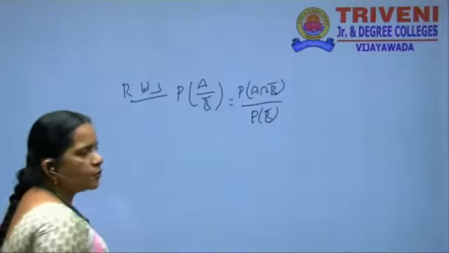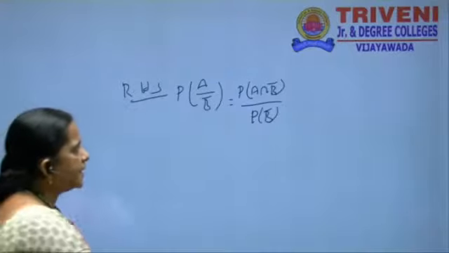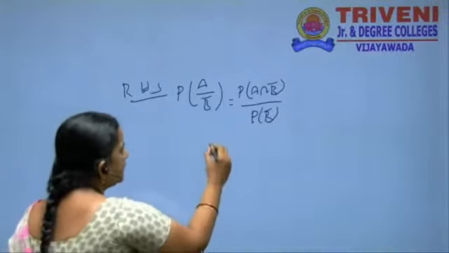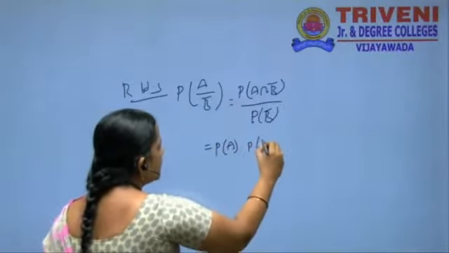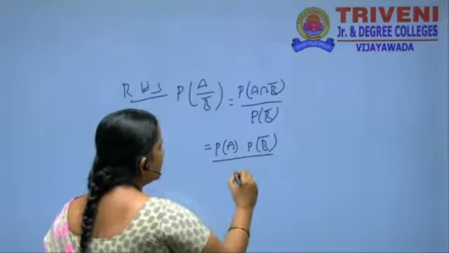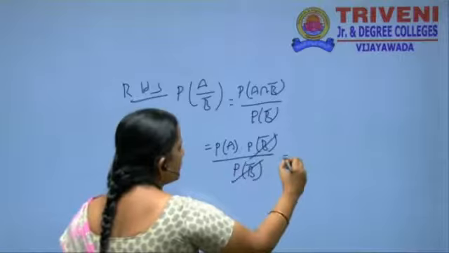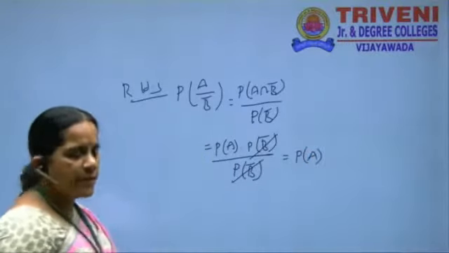A and B are independent events, so their complements are also independent; here A and B bar are also independent events. That can be written as P of A into P of B complement by P of B complement. P of B complement gets cancelled, and we again get P of A.